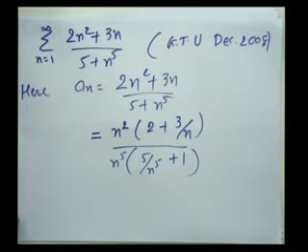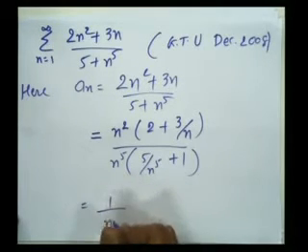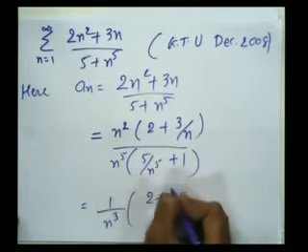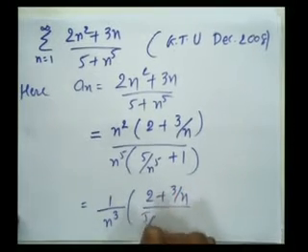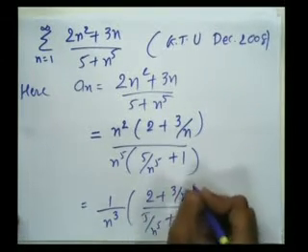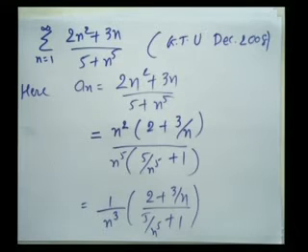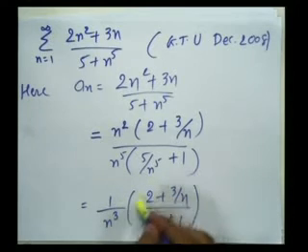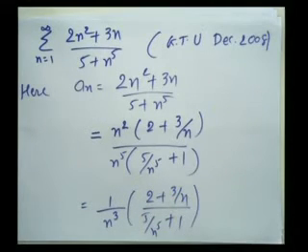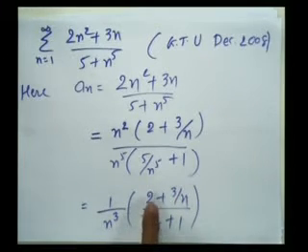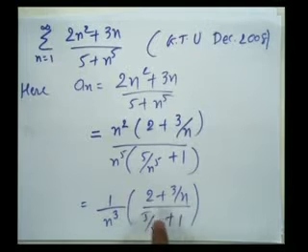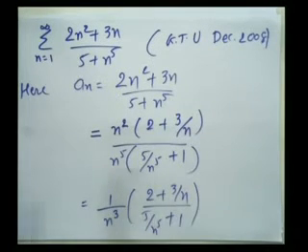So it is equal to 1 upon n cube times (2 plus 3 by n) upon (5 upon n raised to 5 plus 1).